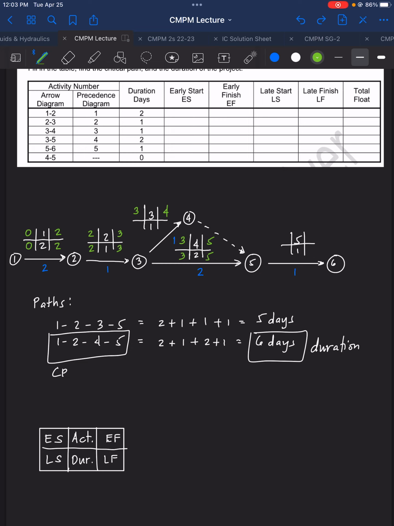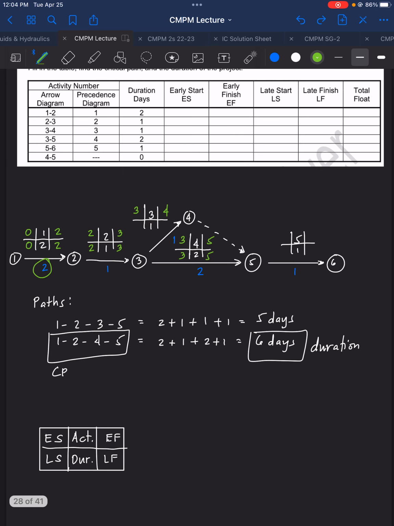Determining late start means that is 2 duration for activity 1 plus 1 duration for activity 2 up until here, up until node 5. So 2 plus 1 plus 2 for activity 4. And then minus the duration of the activity 3.